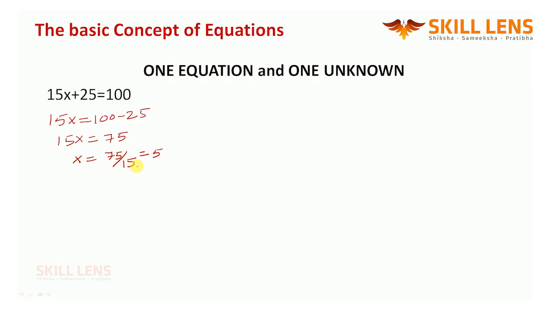15 fives are 75. Guys, how do we use this particular concept in daily life? We generally come across many situations where we observe simple equations and we don't actually feel it as simple equations. Let's assume a situation in which you are going to a supermarket to buy some onions.